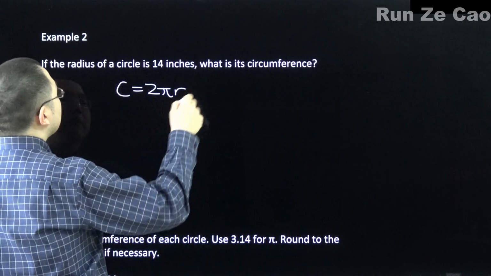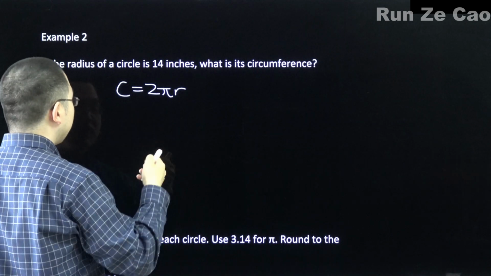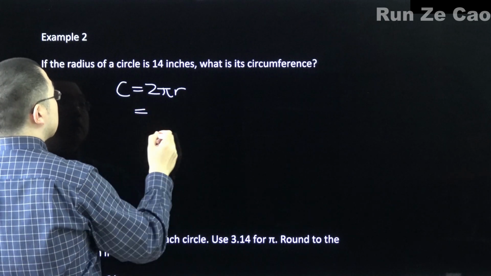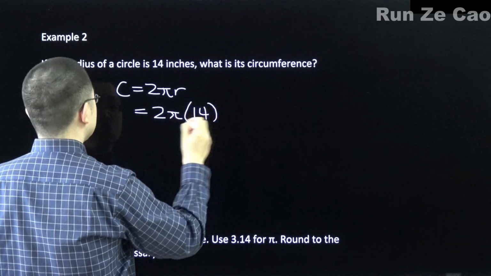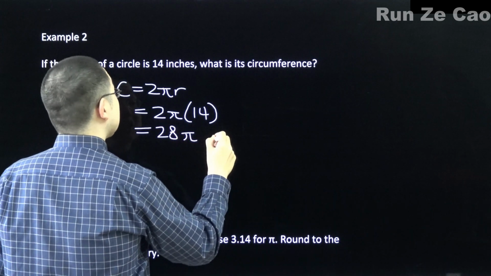You don't need to remember both C equals 2 pi r and C equals pi d formulas, even though eventually you inevitably will remember them. 2 pi times 14 inches is 28 pi inches.